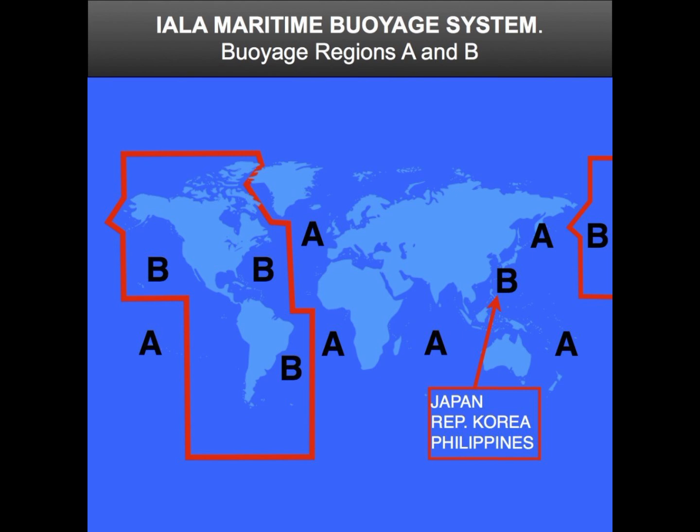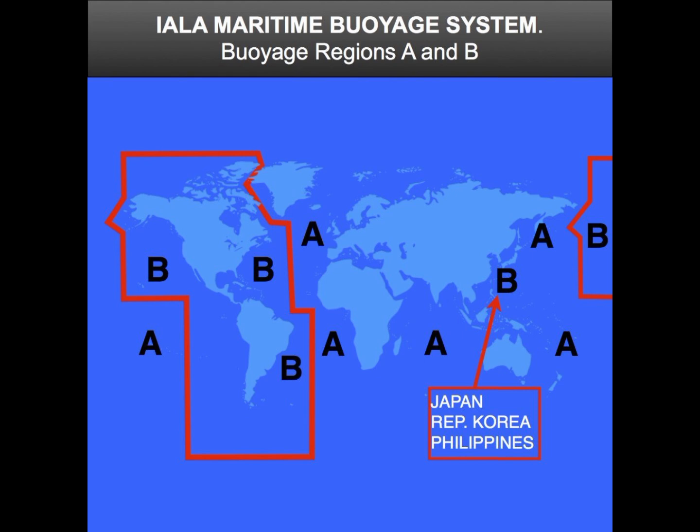Buoys are designed with different colors, shapes, and light patterns to convey specific nautical information. Regions: the system is divided into two regions, A and B, to accommodate historical differences in voyage practices. Electronic aids: the marks can be complemented by electronic means.